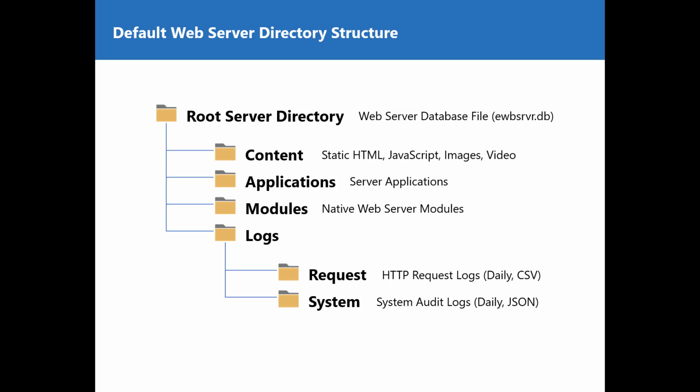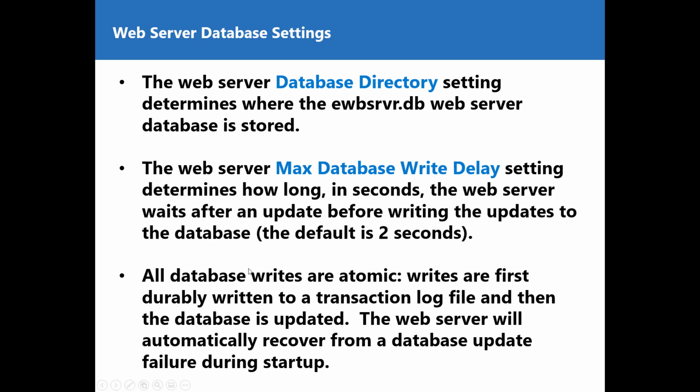They are named according to the day, month, and year, and those are in a CSV format. And then you have the system audit logs. Those are also named in a day, month, year format, and are in a somewhat custom JSON format.